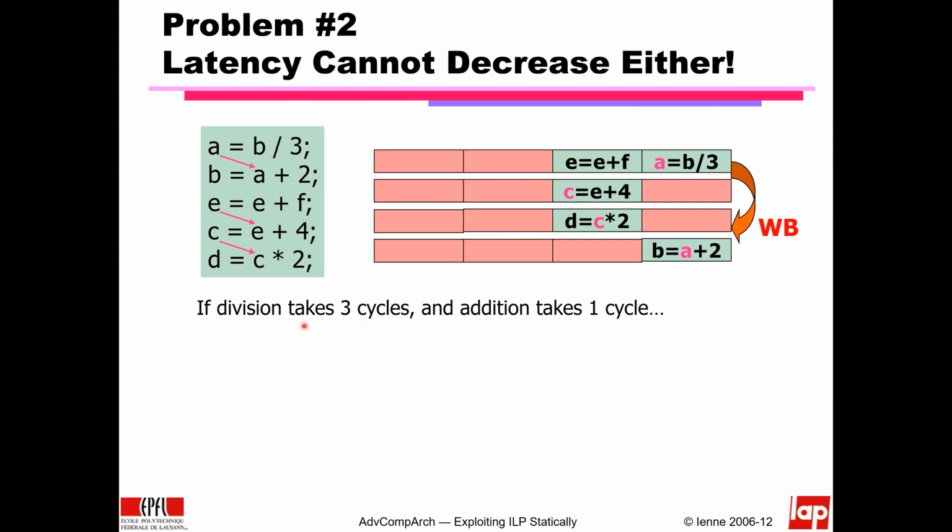Assume that the division, which is the first operation, takes longer than all the others that take 1 cycle, just for making a numerical example, right, and this is the dependence. So this is 2 cycles later, everything else is done like this. Okay, so everything fine. Where is the problem?